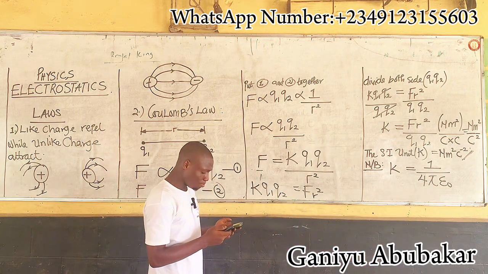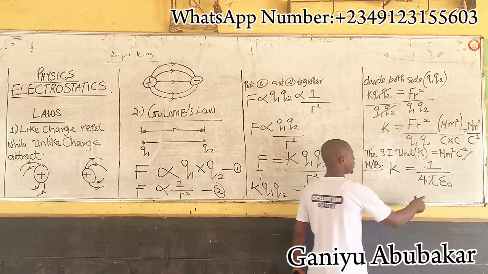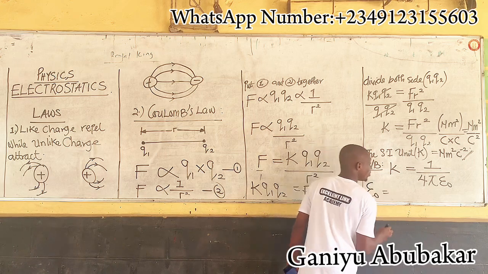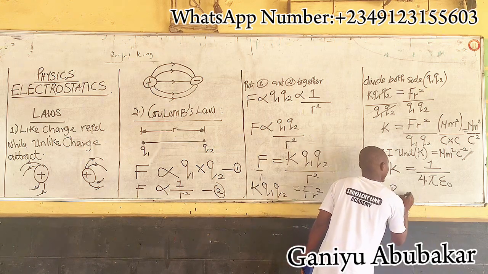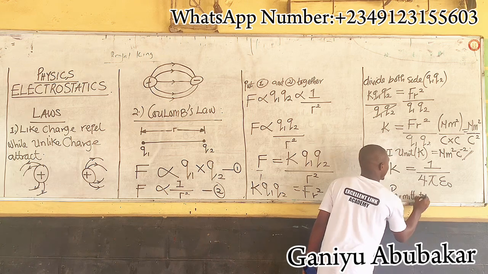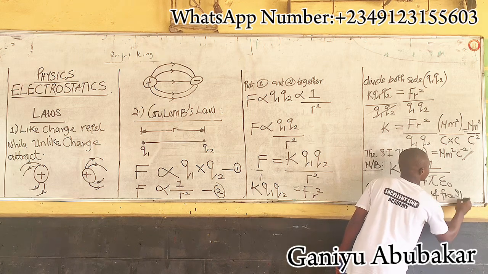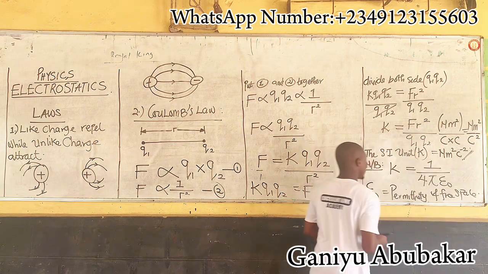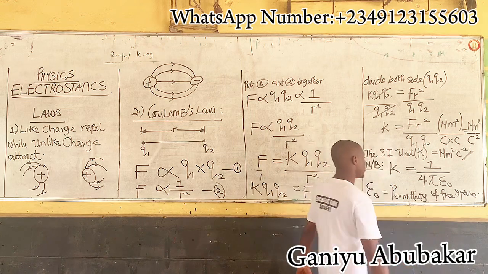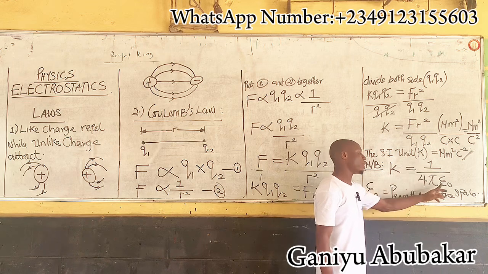If this is true, what's this E naught? By the way, E naught is called the permittivity of free space. So note that K can be expressed as 1 over 4 pi E naught.